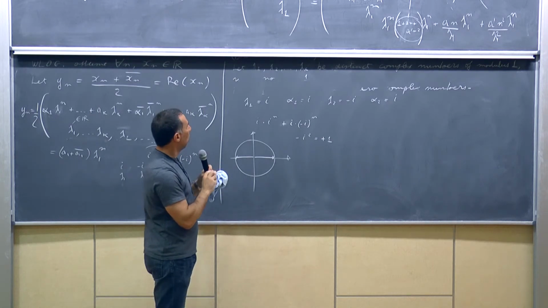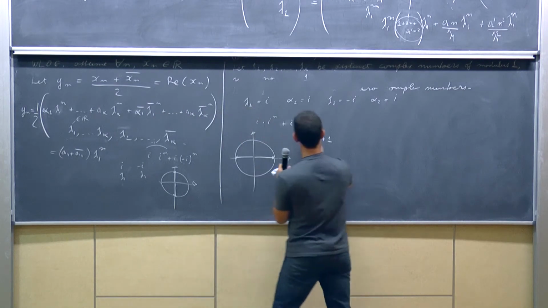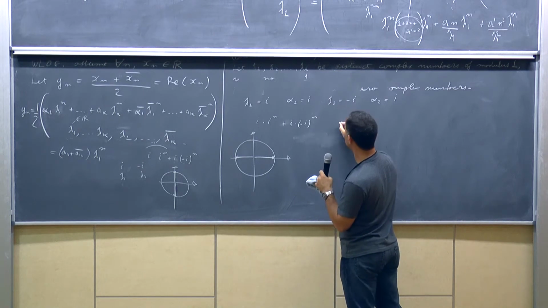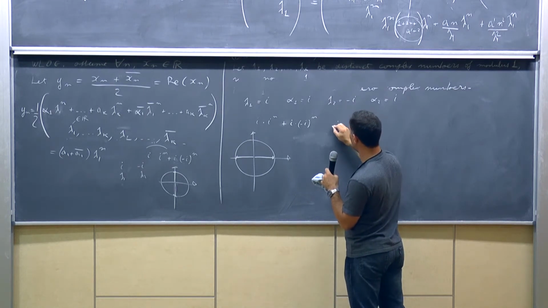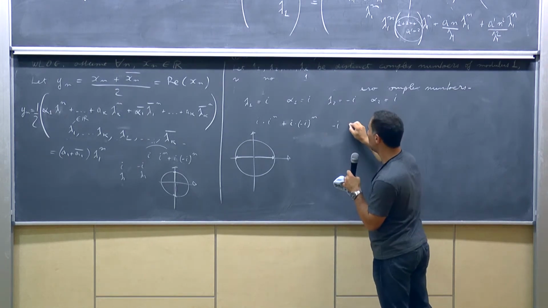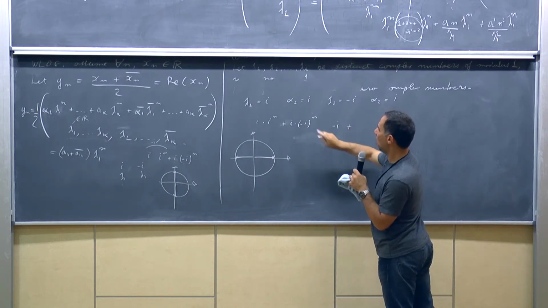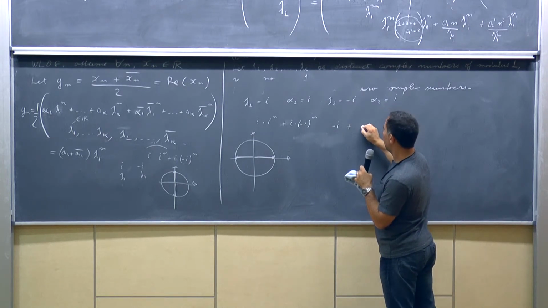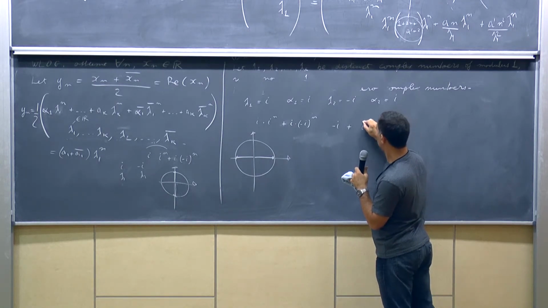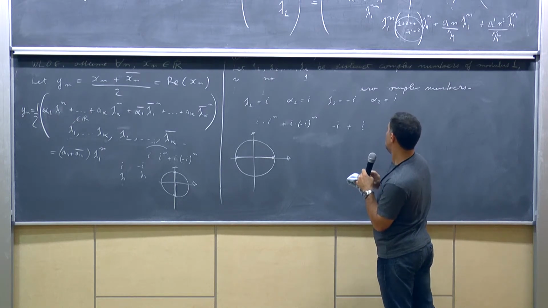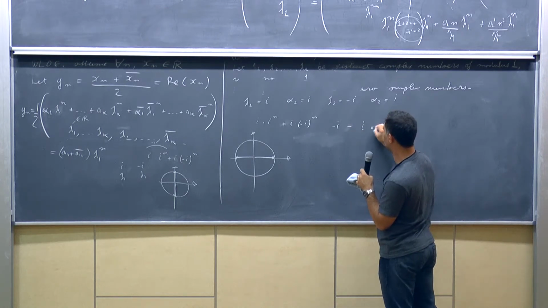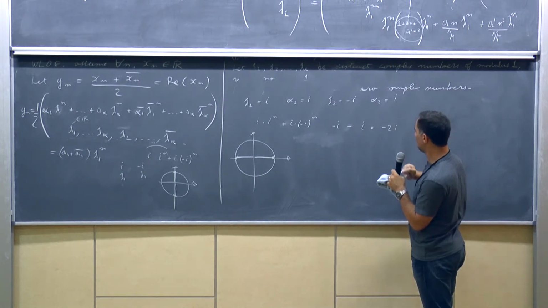Okay, and when n is 2, you get I times minus 1, so that's this, plus minus I squared, which is the same as I squared, which is minus 1. So you get plus I, minus I. So this would be minus 2I.